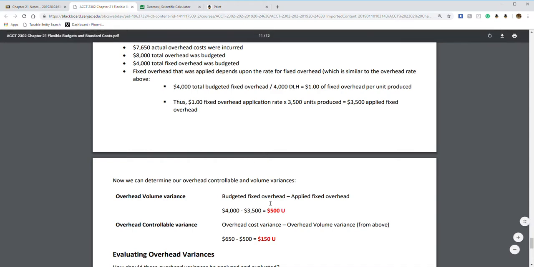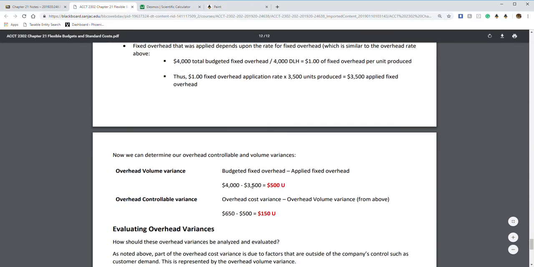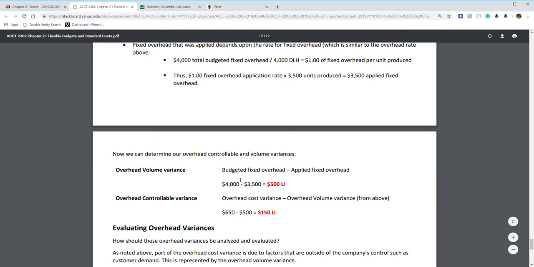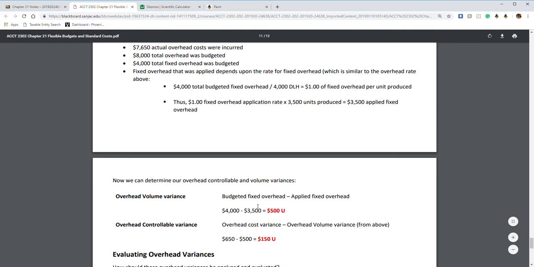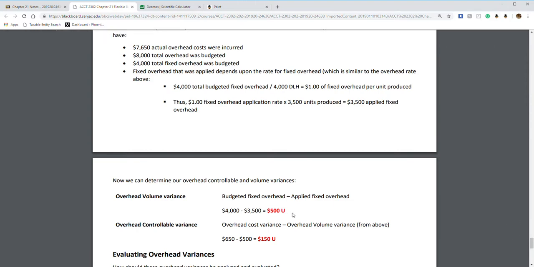Now, the overhead controllable and volume variances will take this information. First, it's going to take our budget, which was 4,000, minus our applied fixed, which was 3,500, and finds out that it's a 500 unfavorable.